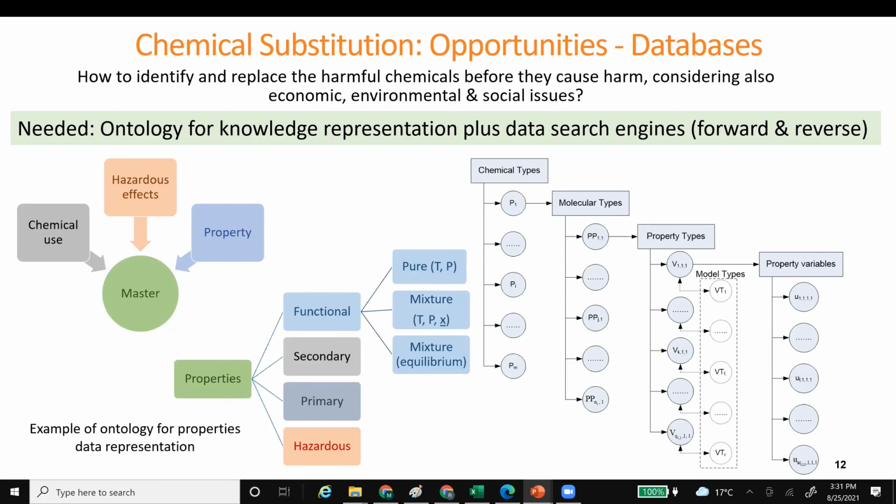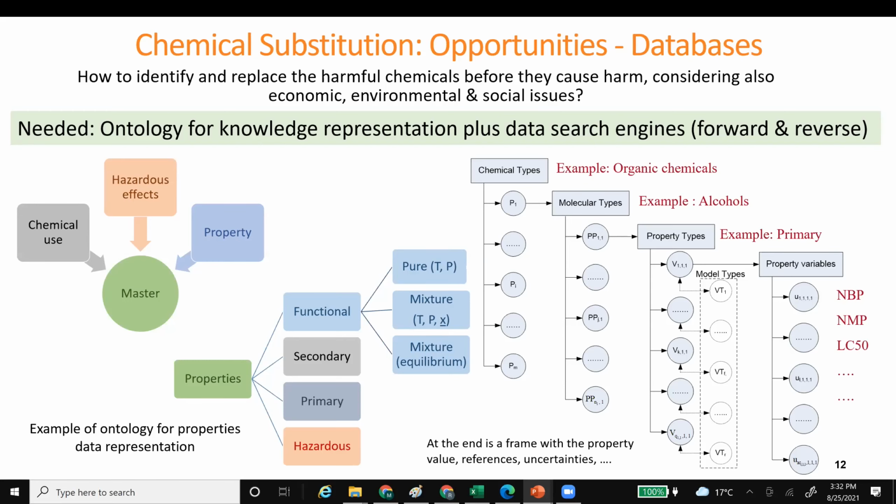And then we need to connect the property with the chemical type. So chemical type can be organic, and within the organic, we have alcohol. And within the alcohol, we have primary properties that we need to connect. As soon as somebody says we need primary properties, we connect the 2 parts of the database. And then the last taxonomy, or the leaf of this structure, is the frame where we have the properties.